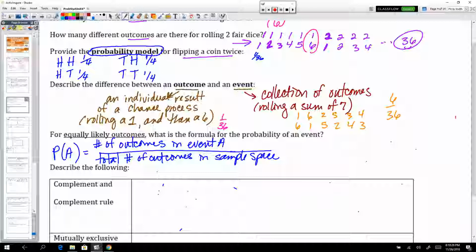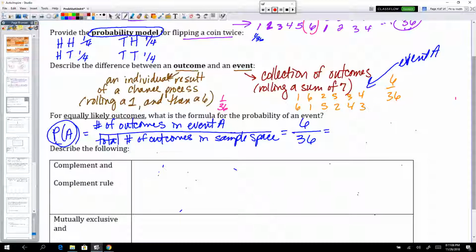The probability of rolling a sum of 7, let's call this event A for now, turned out to be the 6 different outcomes that could make event A happen divided by the 36 outcomes in the sample space. So the probability of A is 1 in 6, 6 divided by 36, and whatever that is in decimals. Okay? I want you to make sure that you use this terminology, probability of A, going forward.